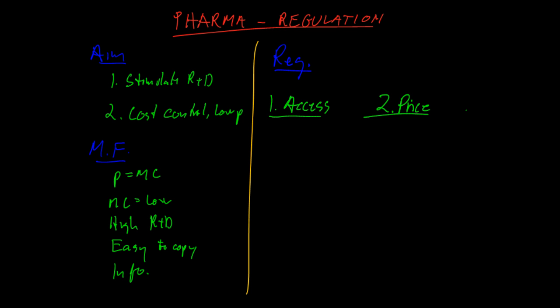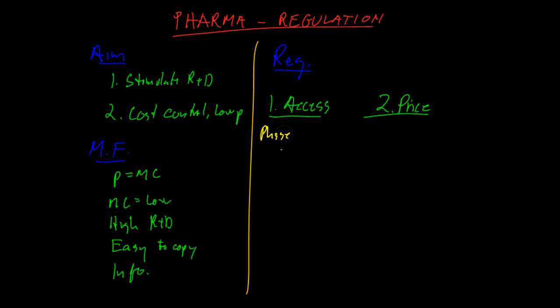Now, access. The basic background is just that in order to get access to the market, the pharmaceutical company will have to go through a process of trials. These trials have four phases.